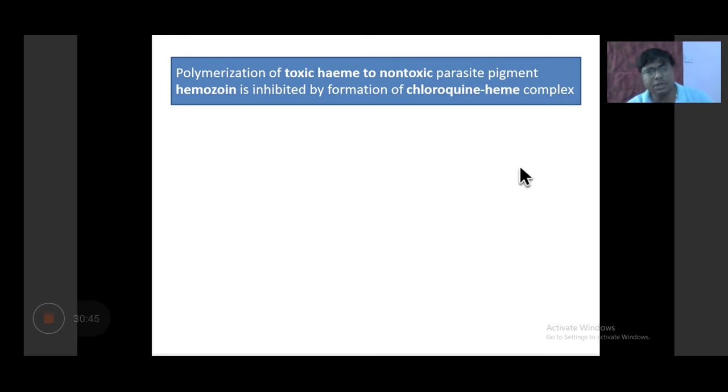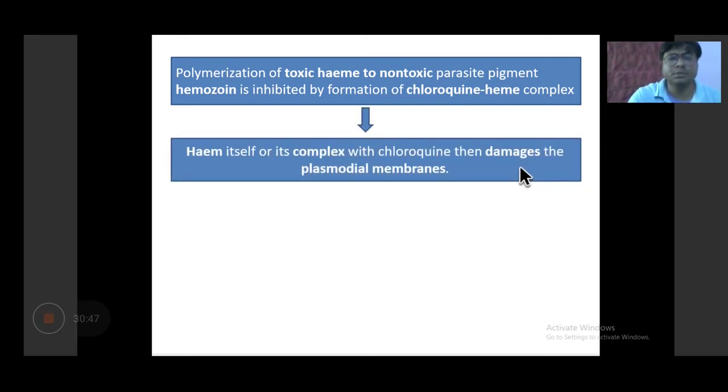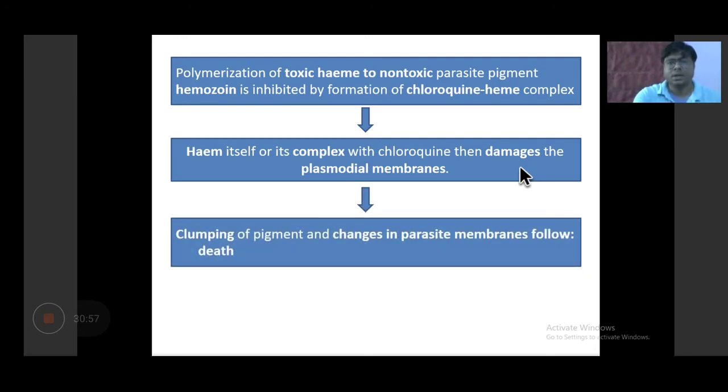Now this toxic heme is actually responsible for killing the parasite. So heme itself or its complex with chloroquine damages the plasmodial membrane, which leads to clumping of pigment and changes in the parasite membrane, followed by death of the parasite. I hope all of you got the mechanism of action of chloroquine.